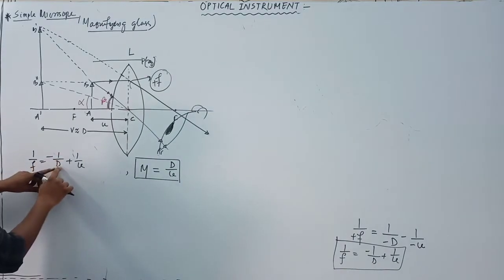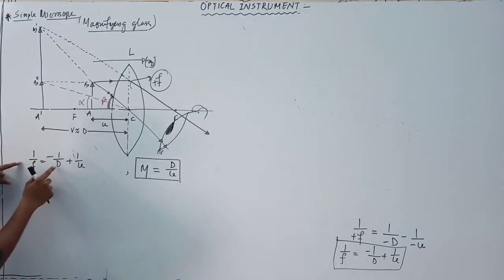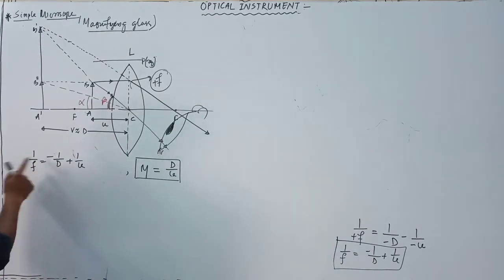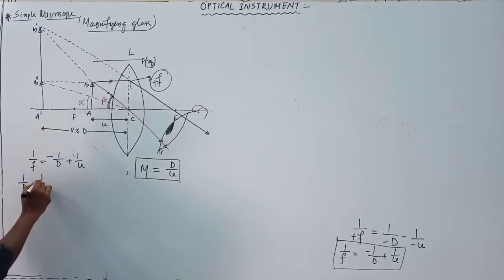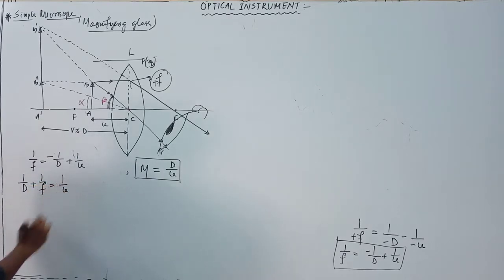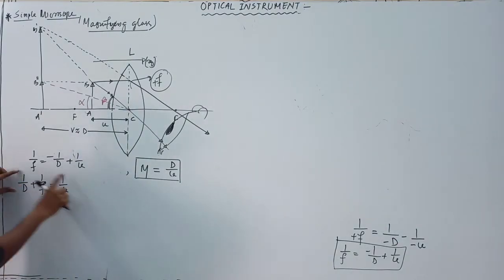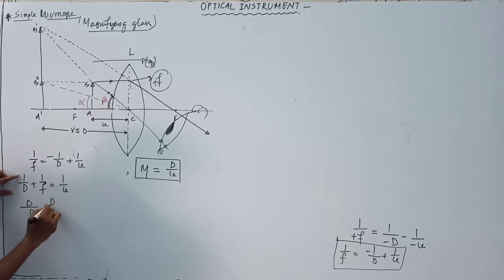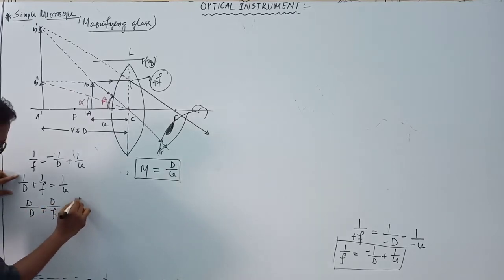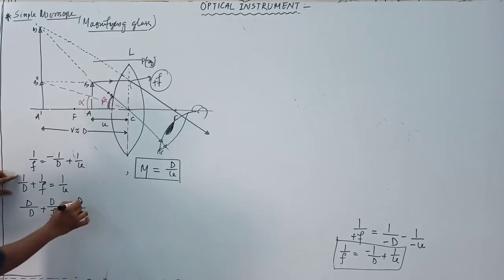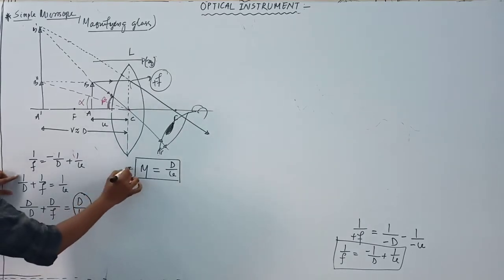If we take 1 by d to this side, it will be positive. Then 1 by d plus 1 by f equals 1 by u. Now multiplying both sides by d, we get d by d plus d by f equals d by u. Clear? Now use this value in the equation.